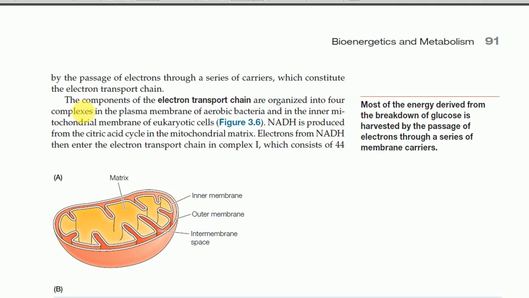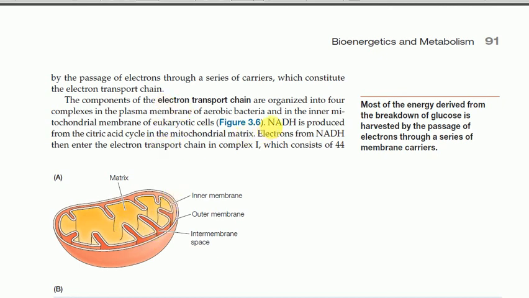Kutoka kwenye notes kule yameandikwa maelezo, lakini nataka nikuonyeshe na diagram ili uweze kujua kile ambacho tunaeleza. Components za electron transport chain are organized into 4 complexes in the plasma membrane of aerobic bacteria and in the inner mitochondrial membrane of eukaryotic cells. Kwa mfano kwenye mitochondria, kwenye inner mitochondrial membrane ndio tunakuwa na components za electron transport chain.